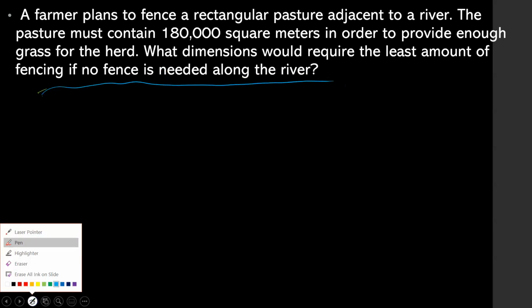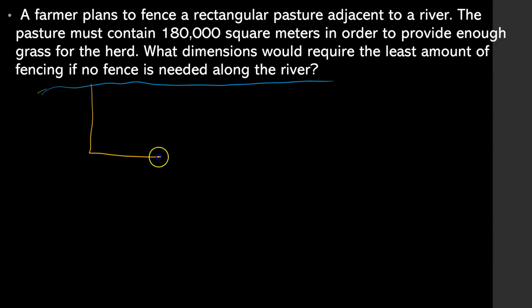Now, this is AP Calculus, so that river is straight, even though we're not told that. So here's my fencing. And this is 180,000 square meters. Okay. What dimensions are going to require the least amount of fencing if no fence is needed along the river?